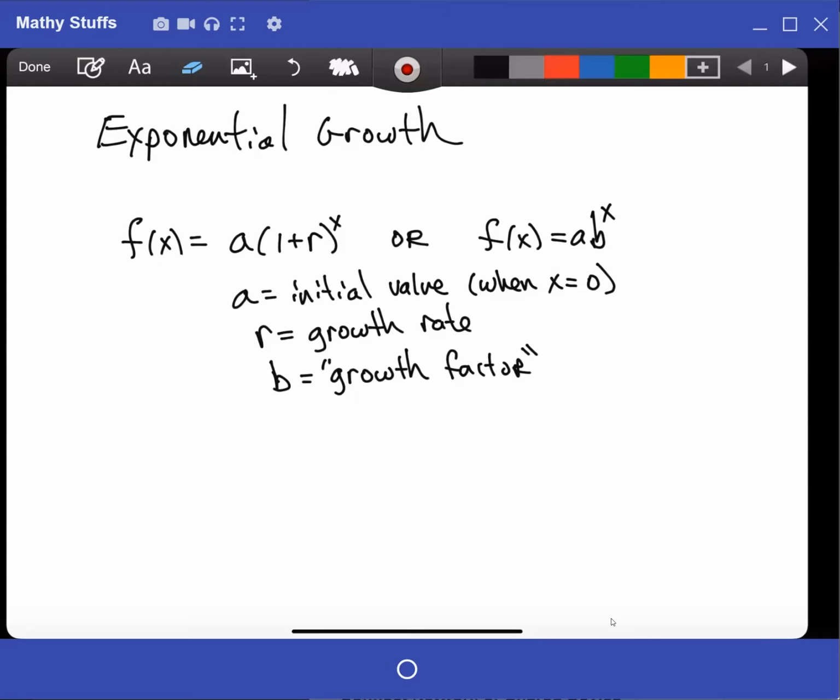If you have an investment or a population, which can be viewed as the same thing, the more of the stuff there is, the faster it grows. If you have a larger investment, you gain more interest. If you have more people or critters in your population, they can reproduce faster.